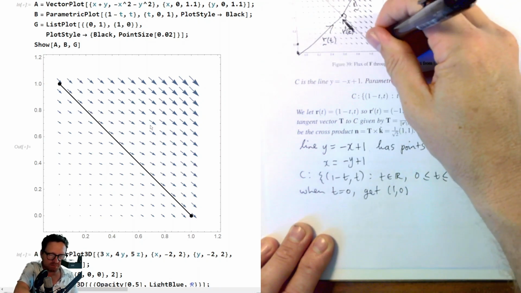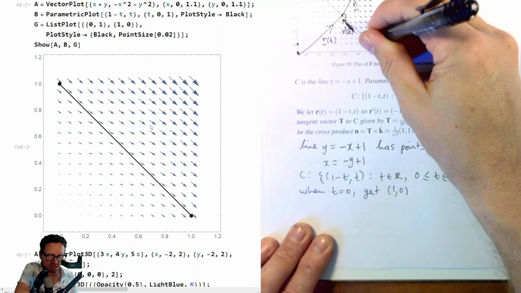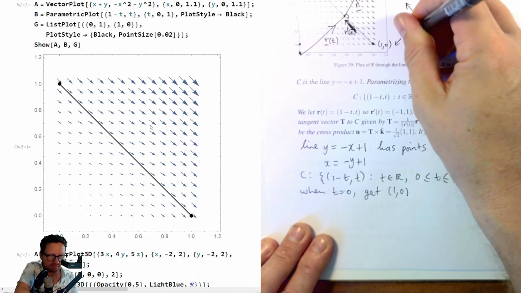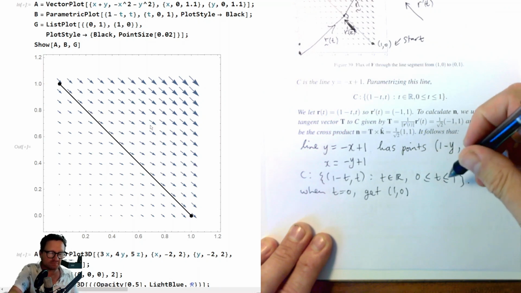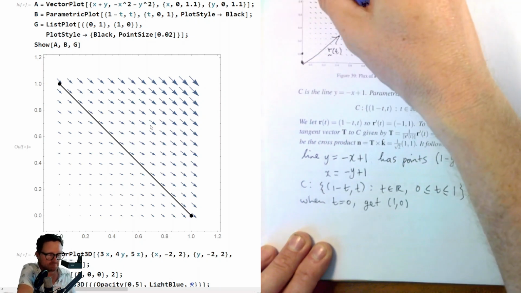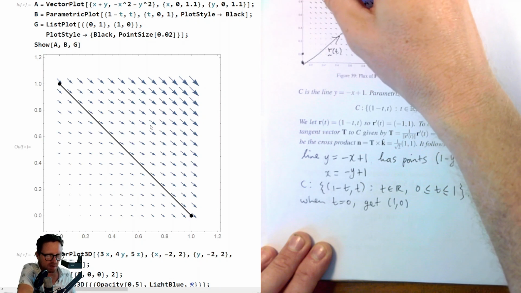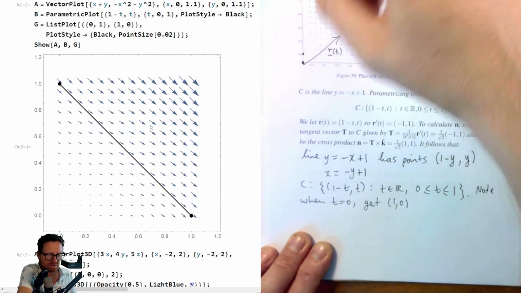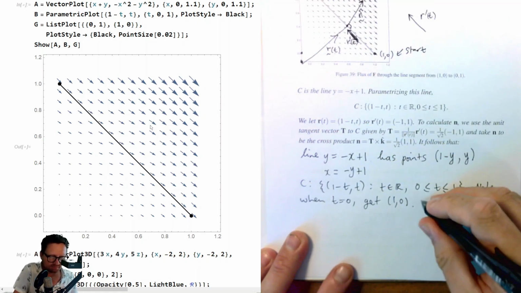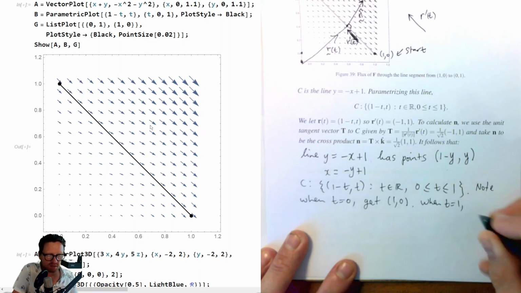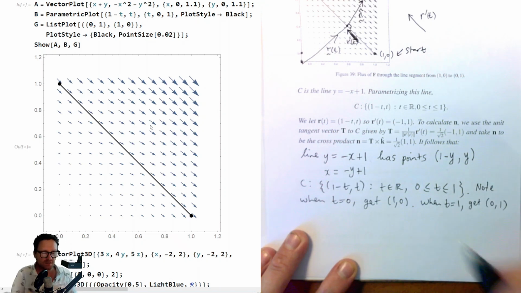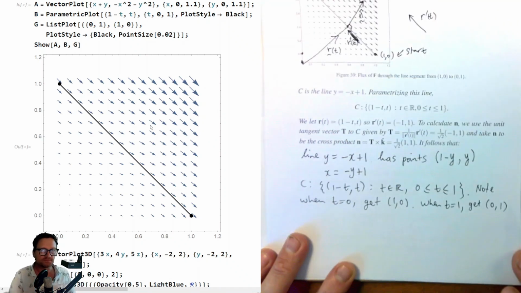Okay, and that's down here, 1, comma 0. So we're starting here with the values of t, and then we finish here. And this is the point 0, 1. Okay, so when t is equal to 1, we get the point 0, 1. So we start here, we finish here.